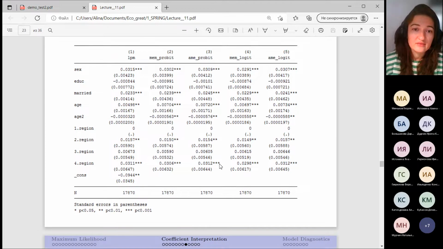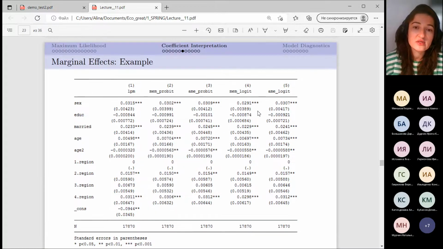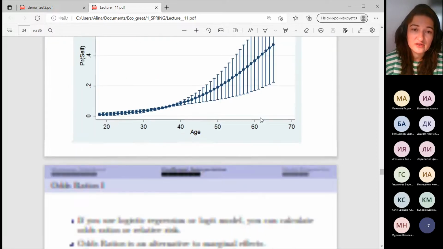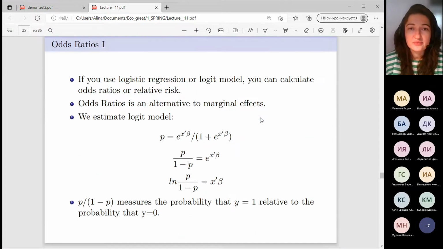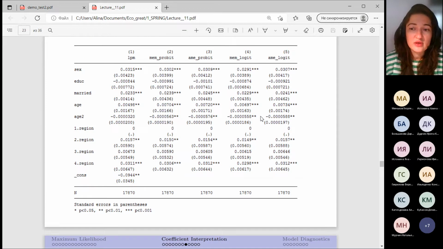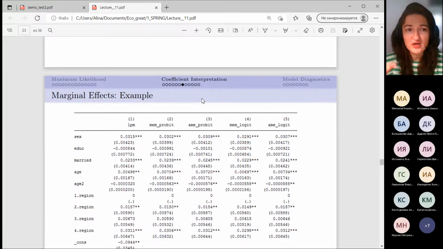So you can add nice graphs to these tables with the marginal effects. And also, when you work with logit and probit models, you can interpret any effects only in marginal effect terms.